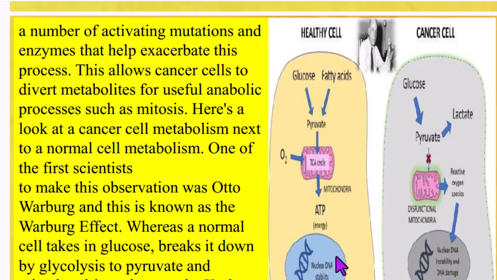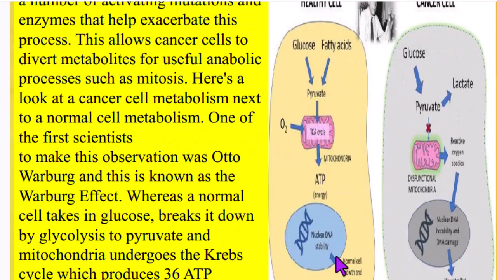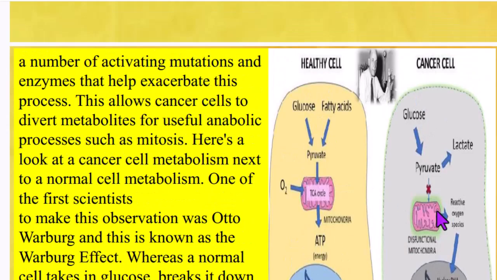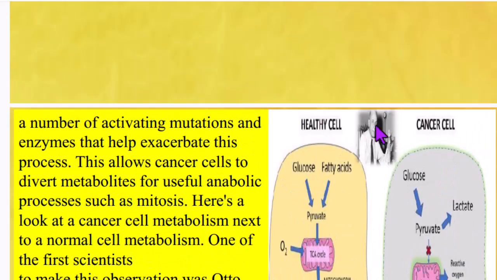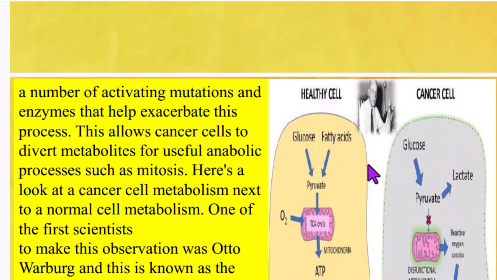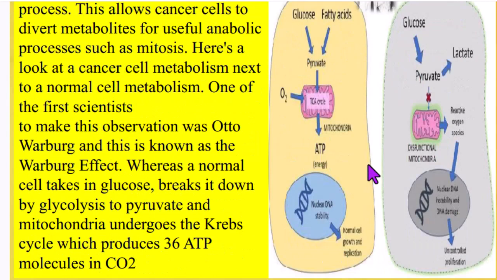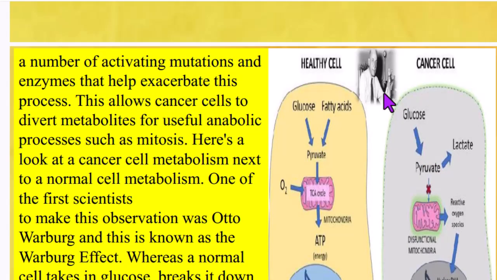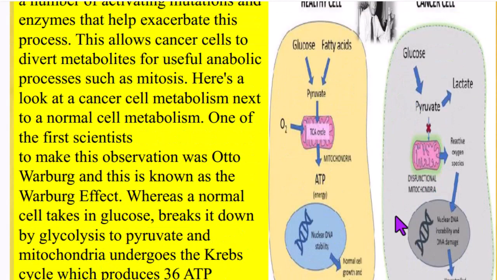Let's look at cancer cell metabolism next to the normal cell metabolism. Here is the pathway of the normal cell, and this is the pathway of cancer cells. One of the first scientists to make this observation was Otto Warburg.